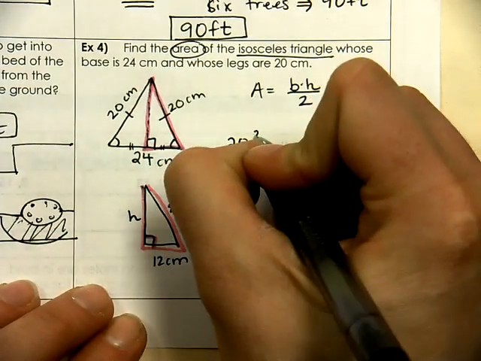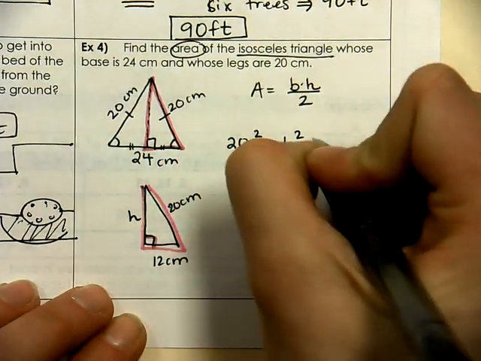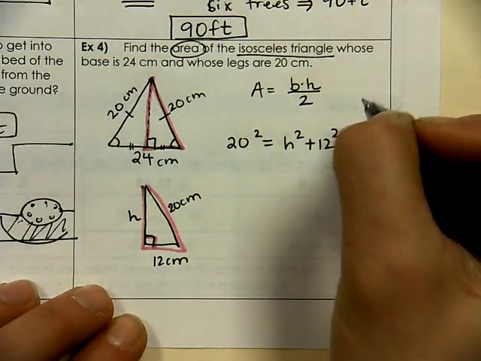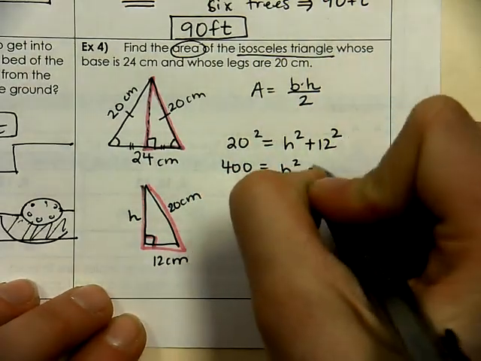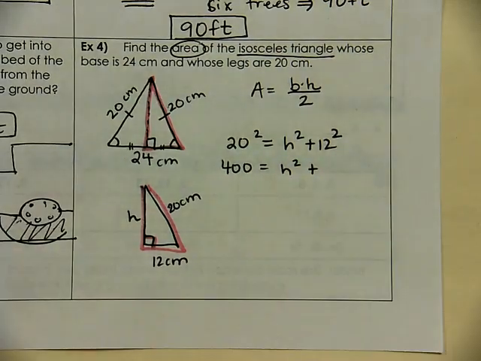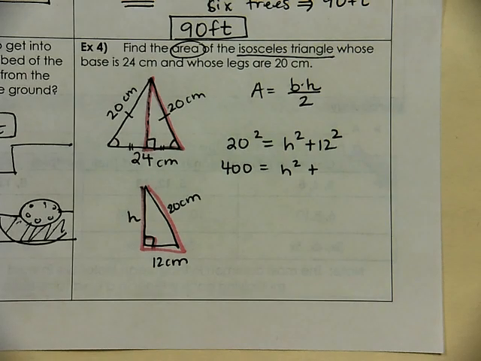So 20 squared is equal to the height squared plus 12 squared. 400 is equal to the height squared plus, what is that, 196 if I'm not mistaken. I'm trying to remember my mental math since I don't have my calculator on me.